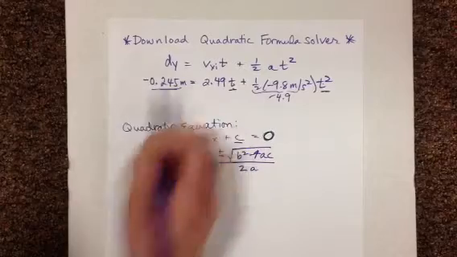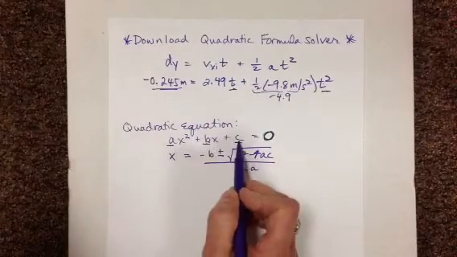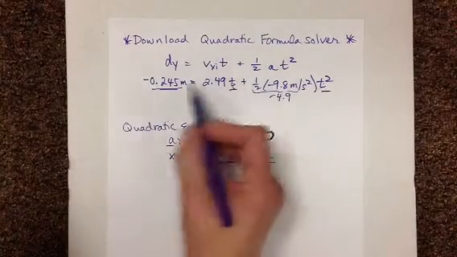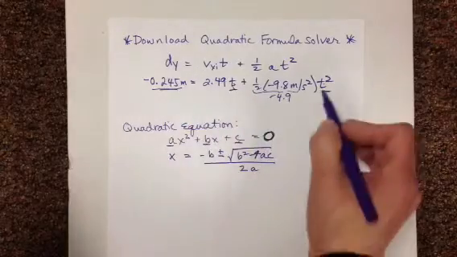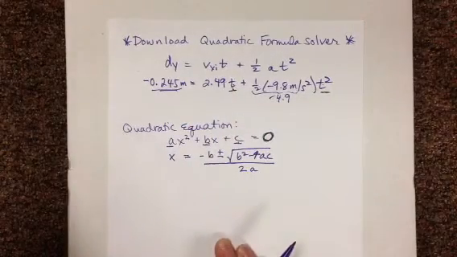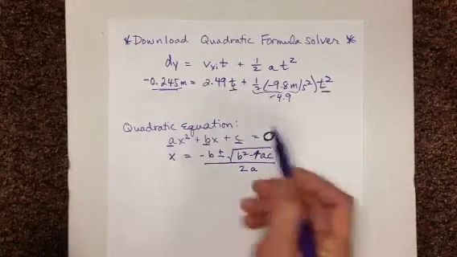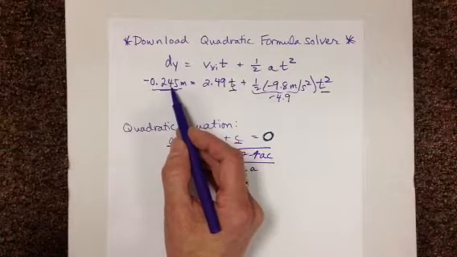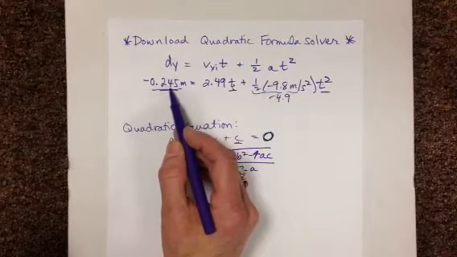If this is the number, this is the C value, because there's no t value associated with it, I need to carry that over to the side so that it's equal to 0. So in order to do that, I need to add 0.245.